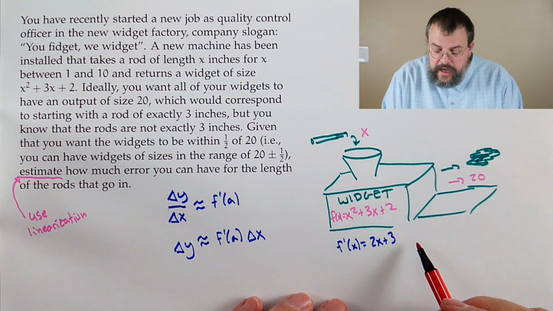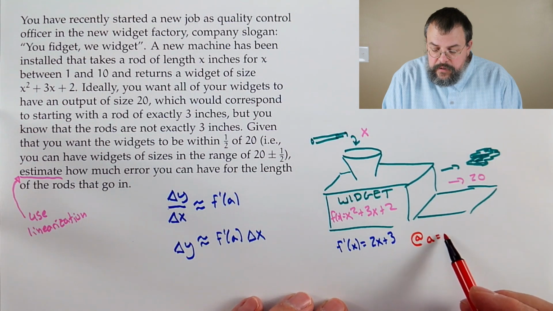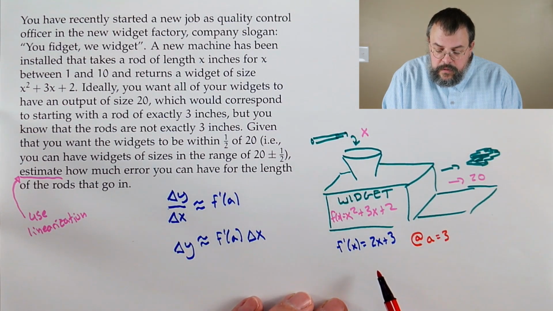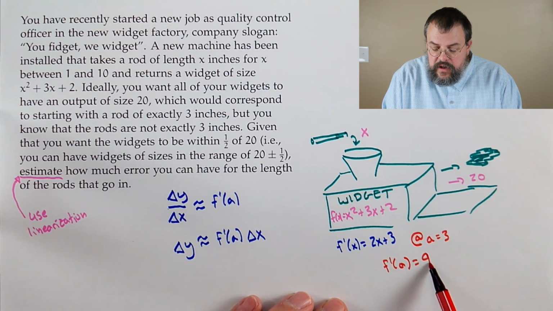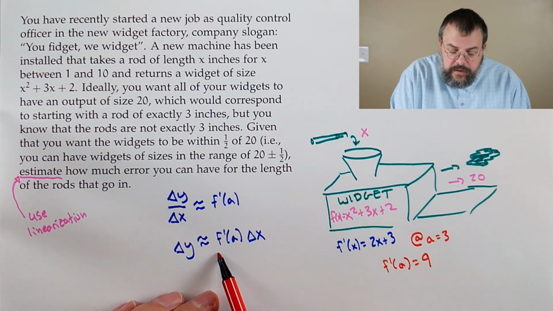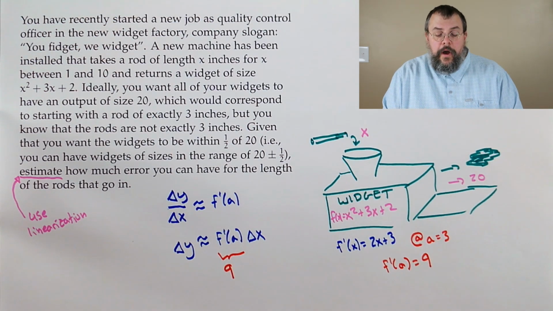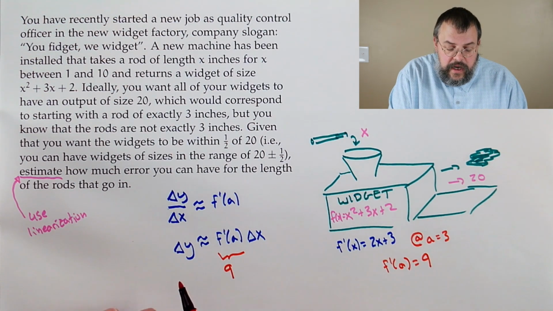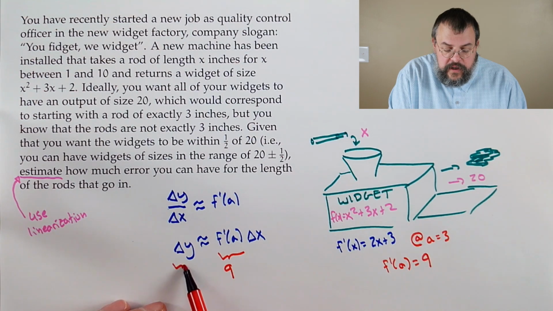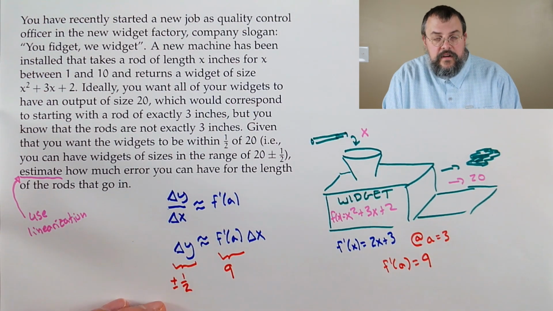So at our point a equals 3, what do we have? We have that f prime of a is equal to 9. So this part is 9. How much change do we have in our output? Well, this part, we say that's plus or minus a half.